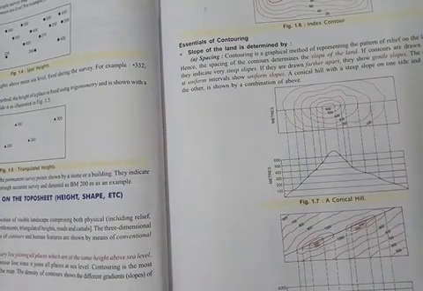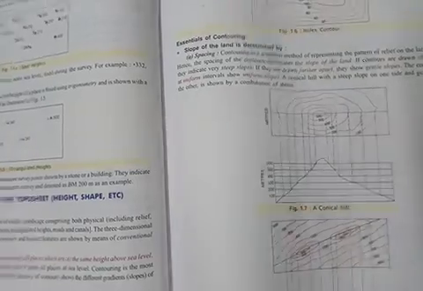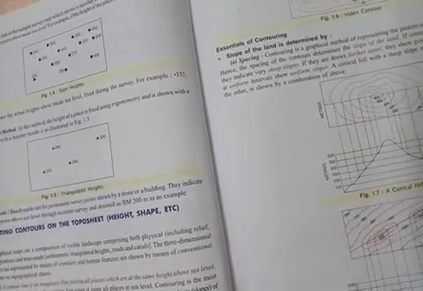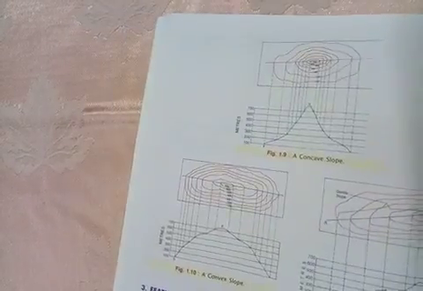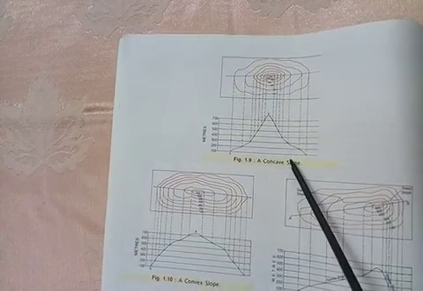Now some more features I will show you in the book. Let me show you here. Conical hill I have shown you here in the book. This ridge also I have shown you. Now the next feature is a concave slope.